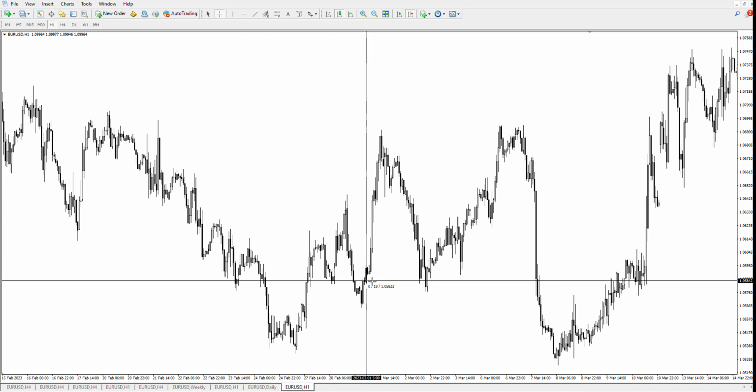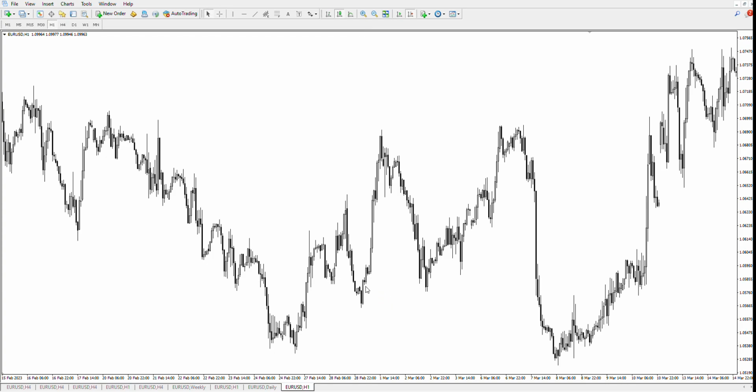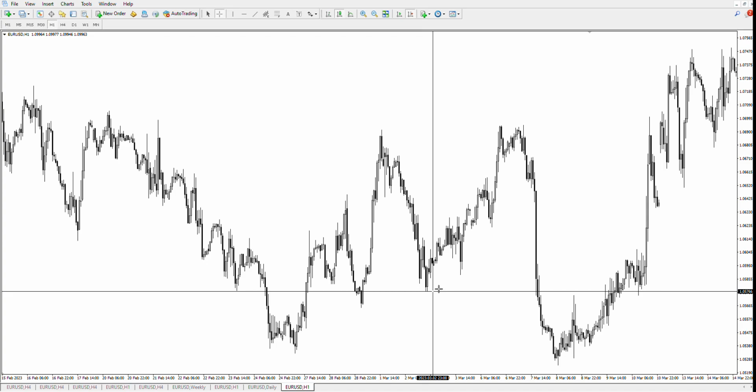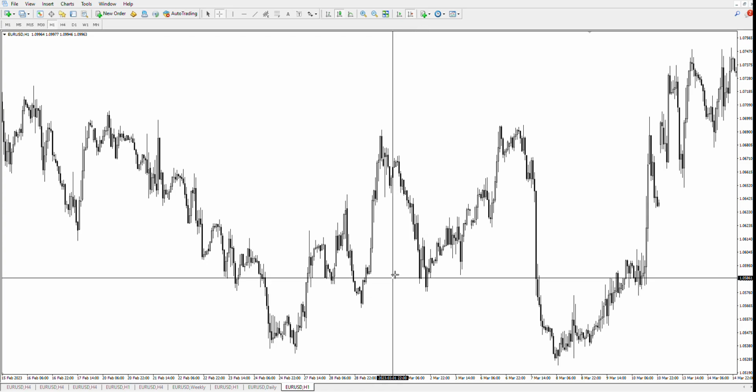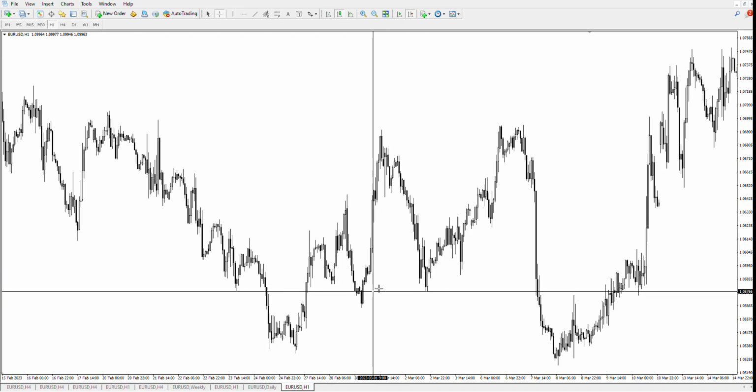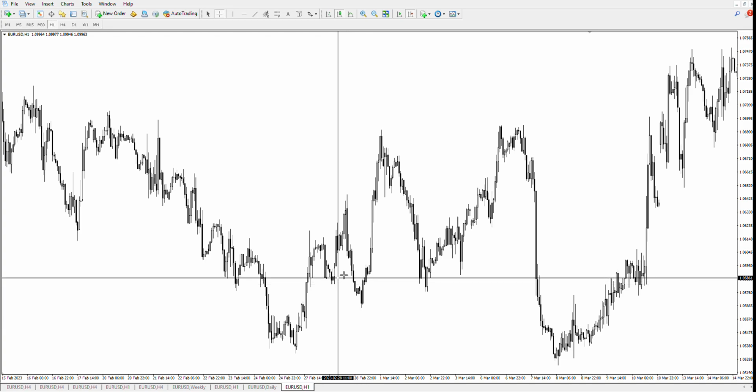ICT renamed it into order block, and he chose just the last candle, the biggest candle before from which the movement issued. So this is the order block, and price came back and it reacted at this candle. You see, ICT even uses specific levels of this candle as a reaction point, like the middle of the candle.